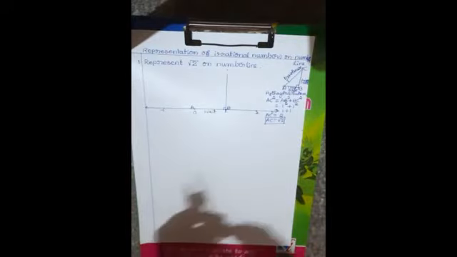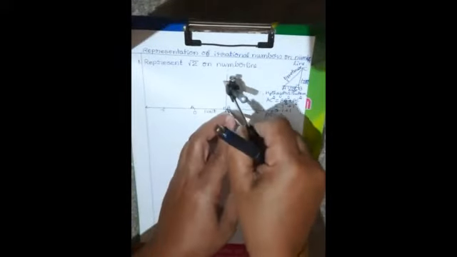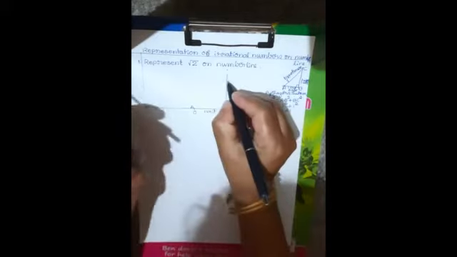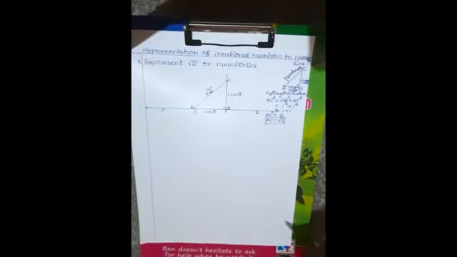Again, take 1 unit length on the perpendicular and take it as BC. This is also 1 unit. Now join AC. Now we can see one right triangle here, ABC. So AC is equal to root 2.